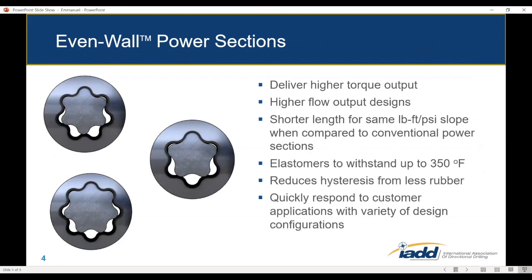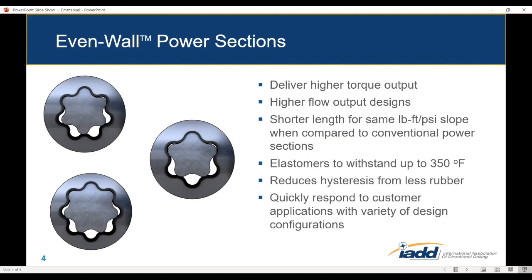The DD and the operators want motors with higher torque output. We see a lot of benefit from even wall technology when we can get higher torque from these power sections. We can also design power sections with more flow, higher flow output.